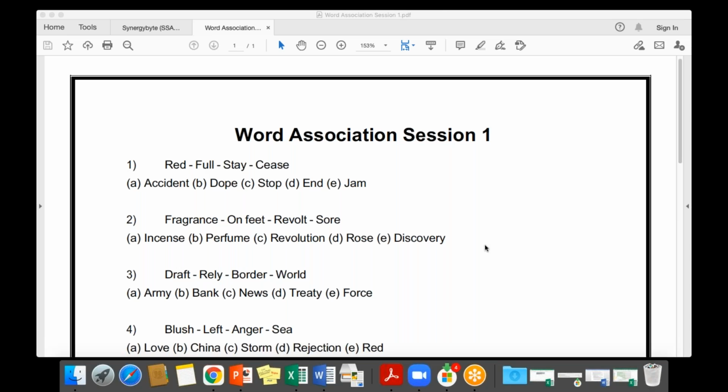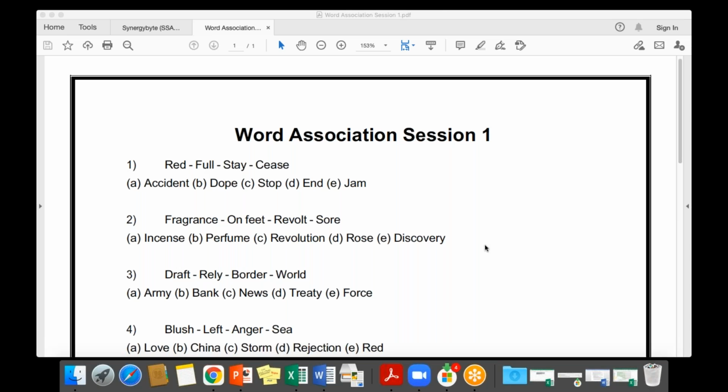Incense, can incense again go with on feet or revolt? No. I'll then reject incense also. I am left with revolution, rose, and discovery. Discovery, I don't think discovery can go with fragrance. There is no way. So I'll reject discovery as well.